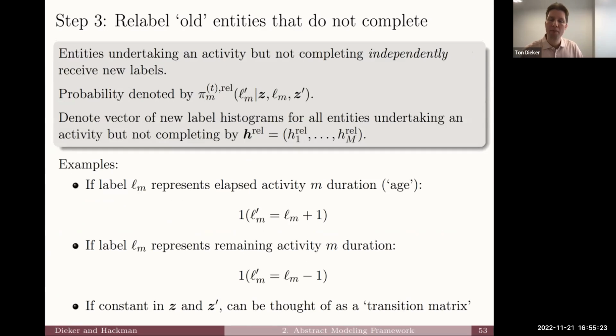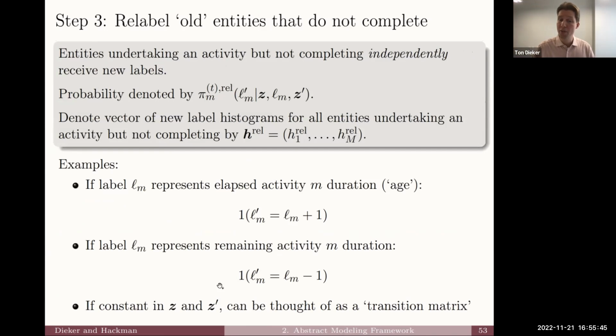Okay, the third step is to relabel the entities that do not complete their activity. This is again done independently using the third primitive. Let's go through some examples. If the label represents age, then you just increase the age by 1. That's the relabeling.